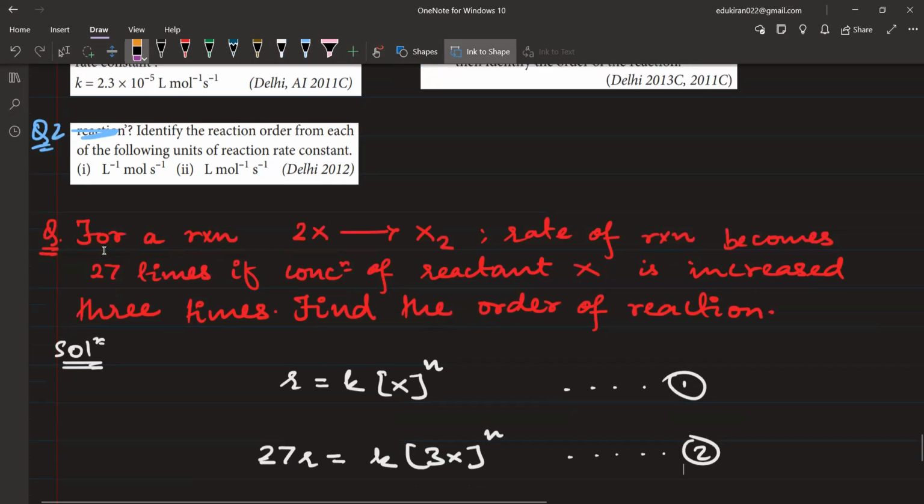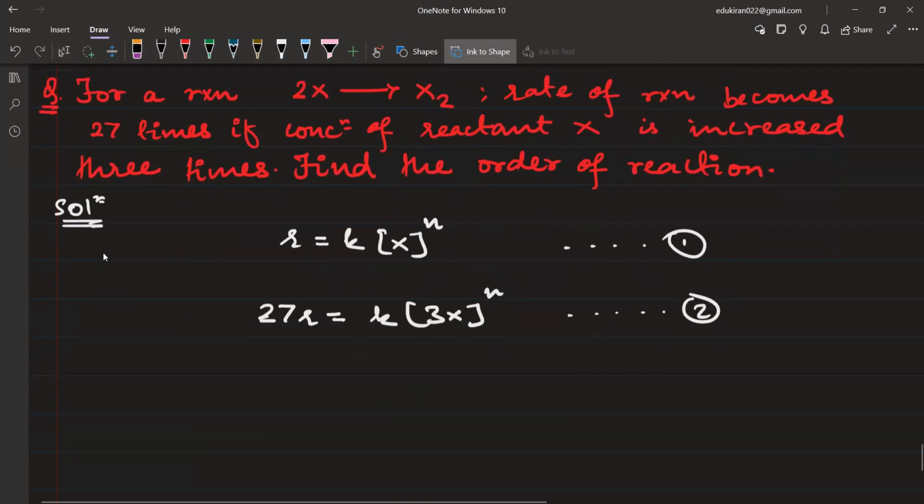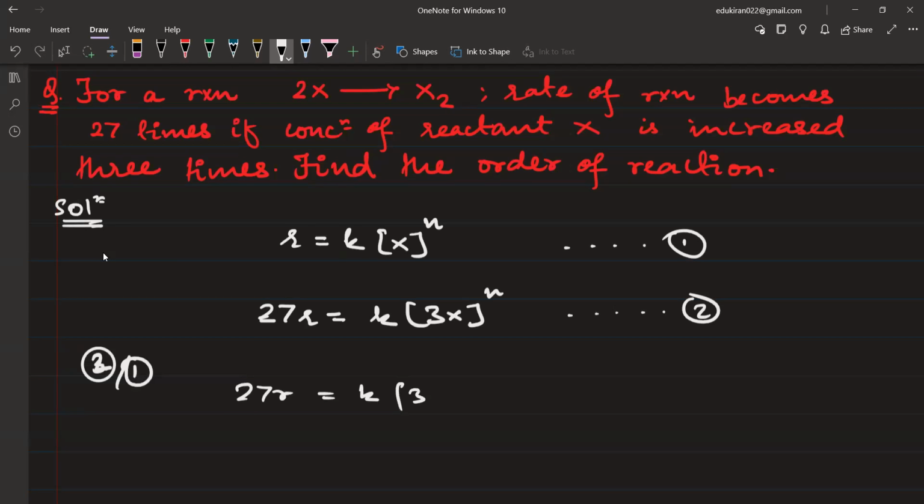Okay. Now what we can do? We can just divide 2 by 1. Whatever is greater, you just divide that. It will be easier for you. 2 divided by 1. That means 27R is equal to K (3x) to the power n, divided by R which is K x to the power n.